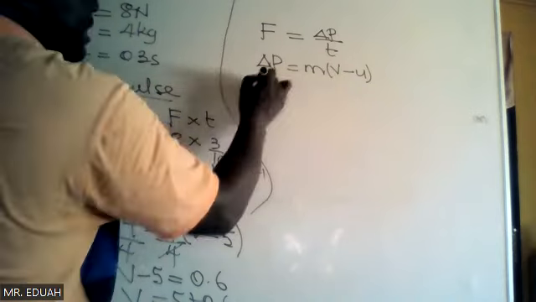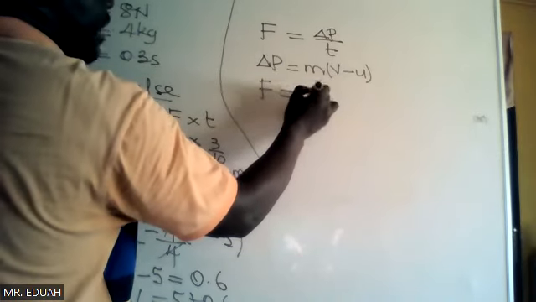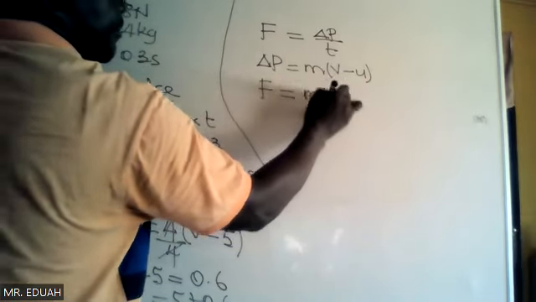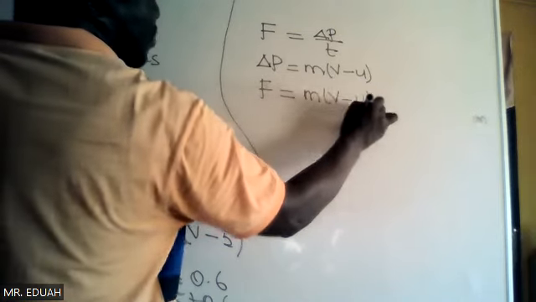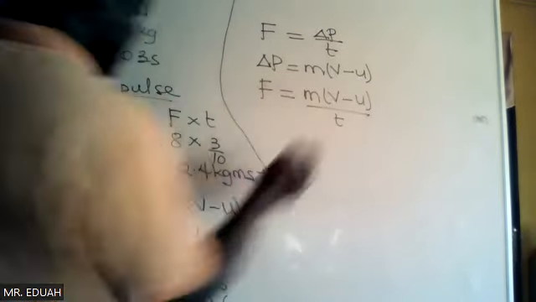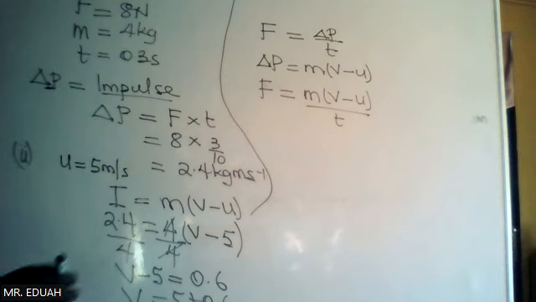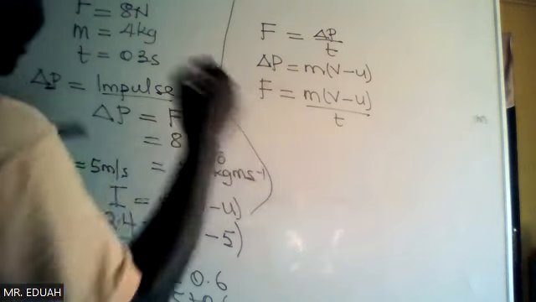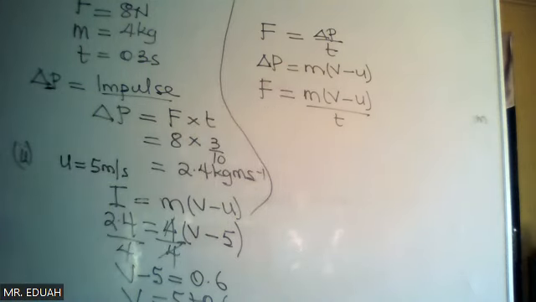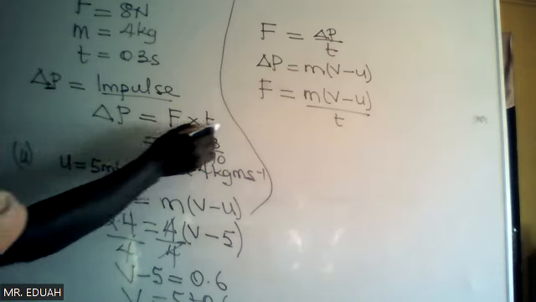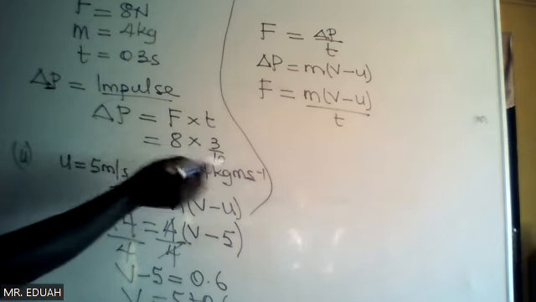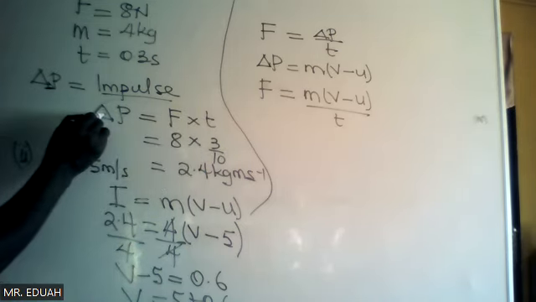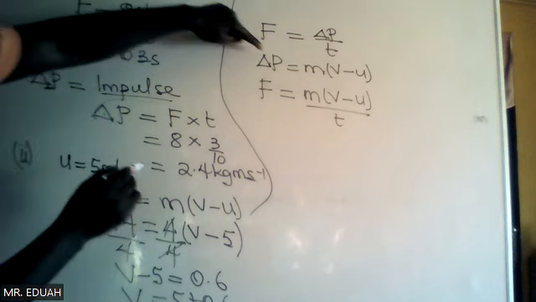So when you put that there, you have m(v minus u) on T. You have F, you have T. But you see, when you do that, it's a repetition of what you have done, because you have found the change in momentum.